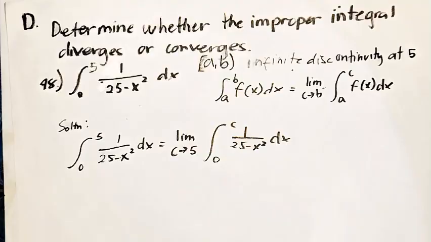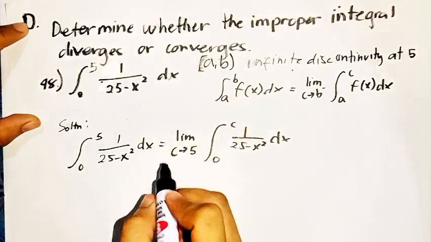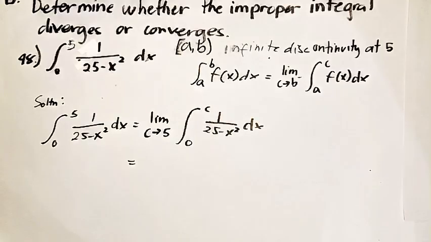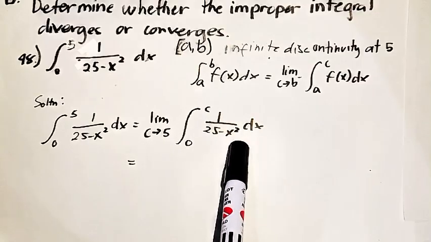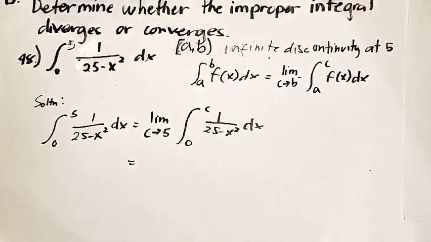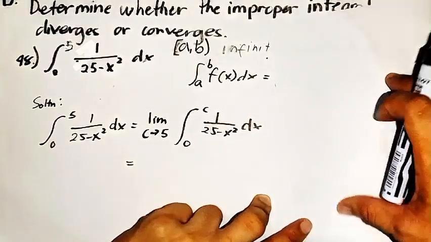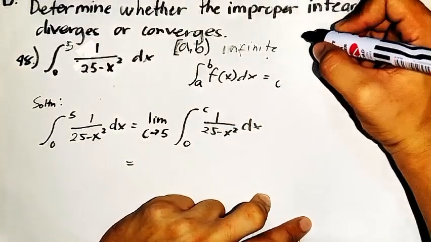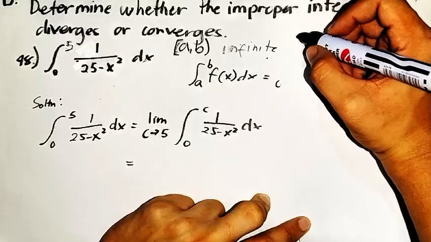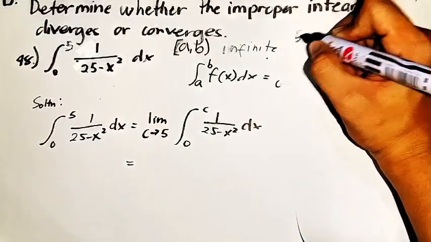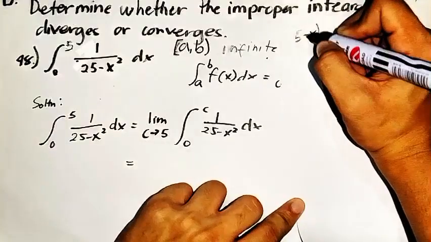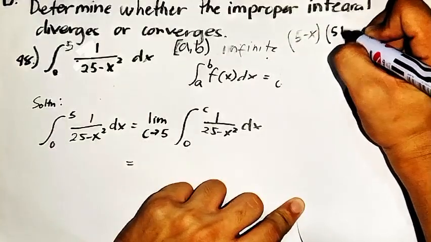So let's integrate this first. As you can observe, the denominator of our function is factorable, meaning we can factor it. The factor of 25 minus x squared, we can write as 5 minus x and 5 plus x.